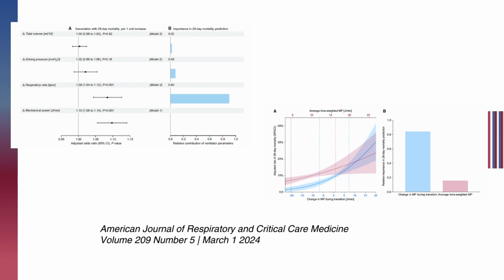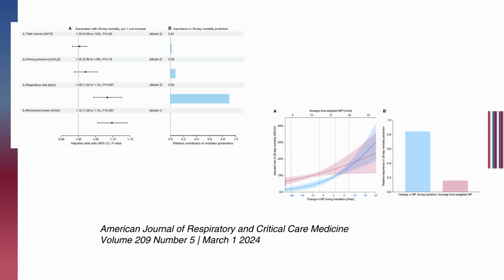And I want to emphasize this change in respiratory rate because we often do that for no good reason other than we think that the patient should be ventilated at a respiratory rate of 20 or 18 breaths per minute.